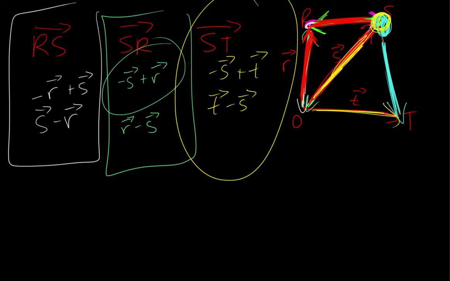Now we're going to talk about scalar multiplication. So if we have 2R plus S, or if we have R minus 3S, what does this mean?